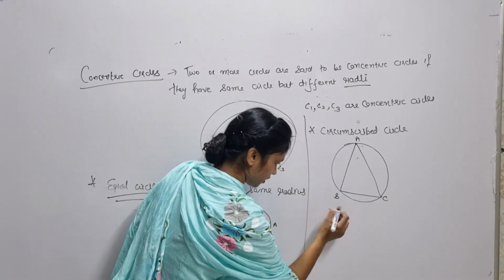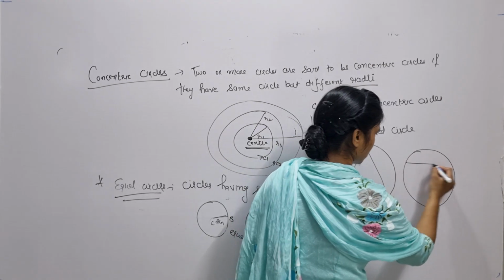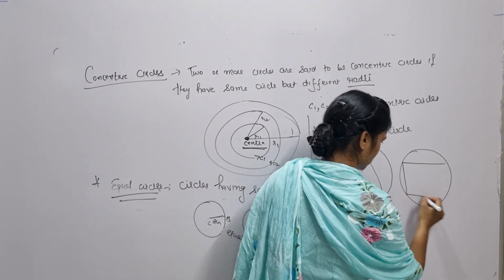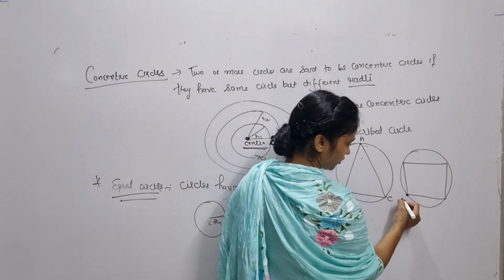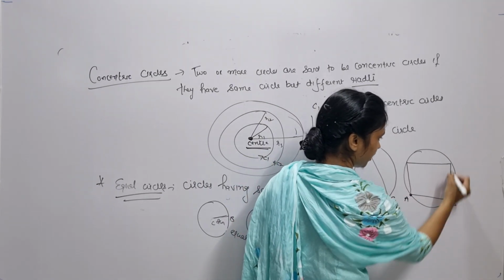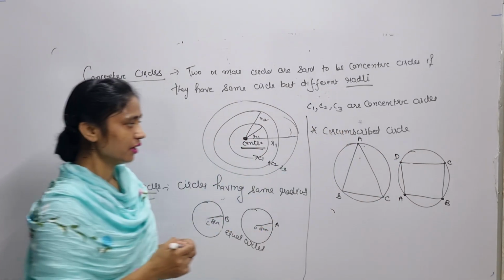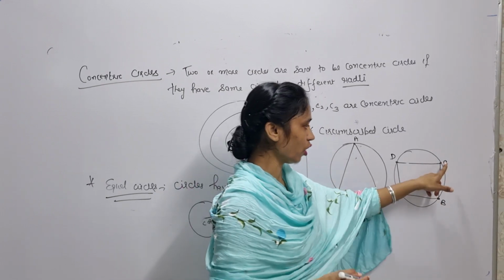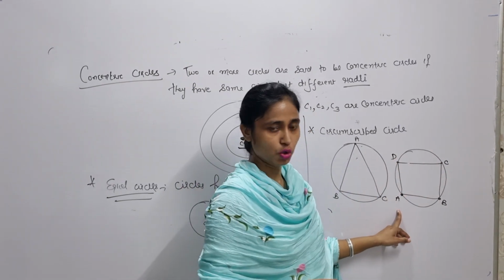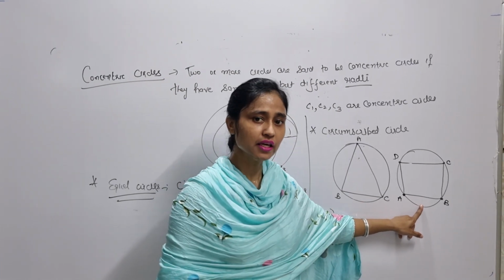Here I have drawn a circle with a quadrilateral, which will have four vertices A, B, C, D. This circle touches each vertex of this quadrilateral, so this circle will also be a circumscribed circle.